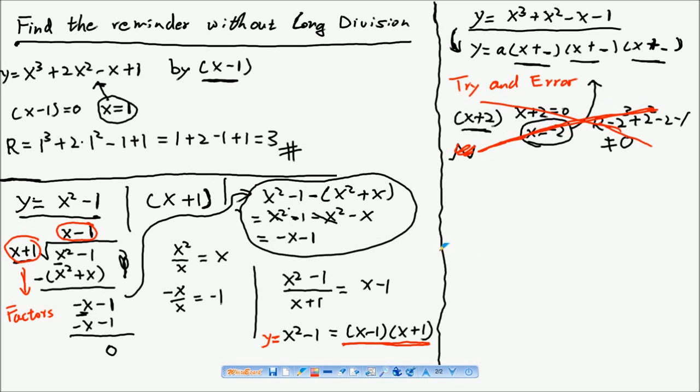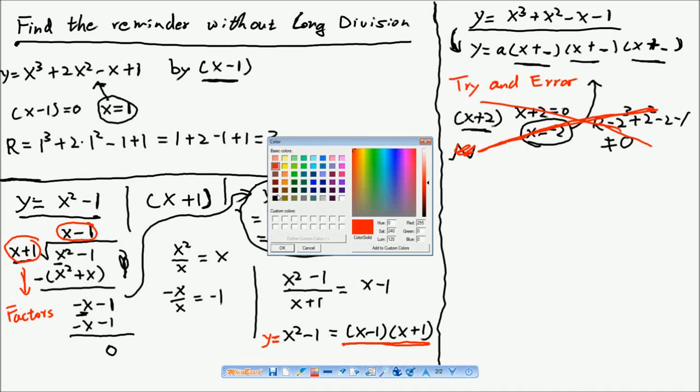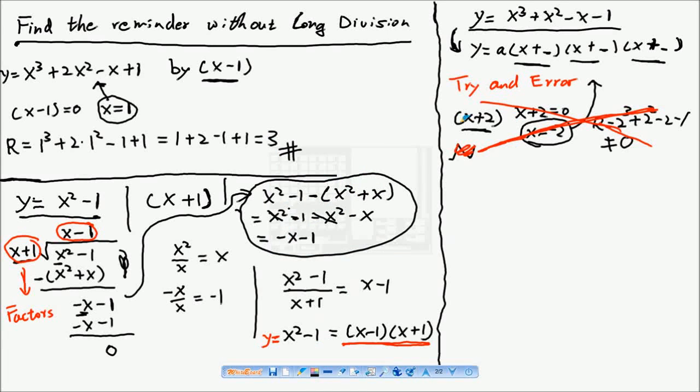Now we try another factor. Say I use x minus 1 as a factor. Let's find the remainder when the function y is divided by x minus 1.